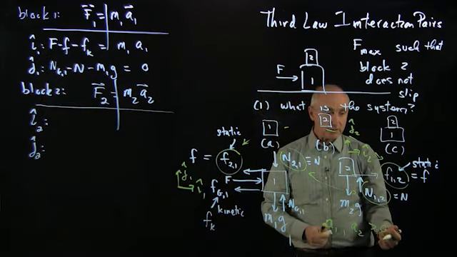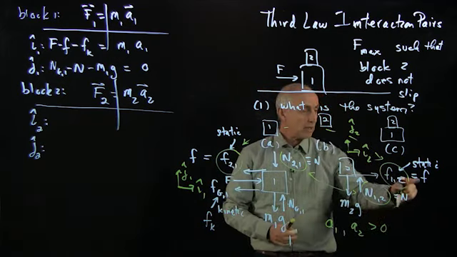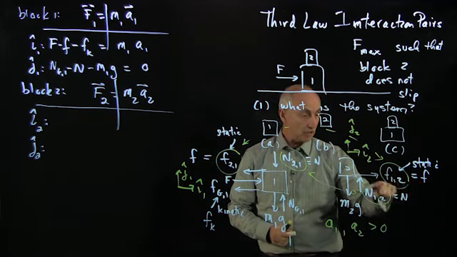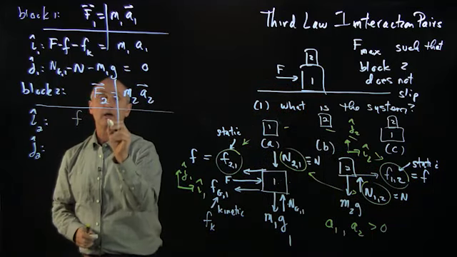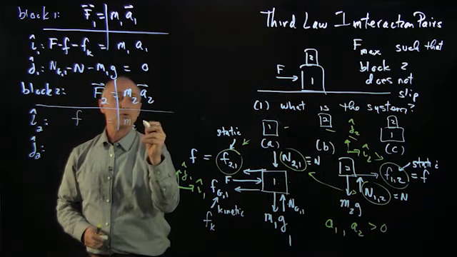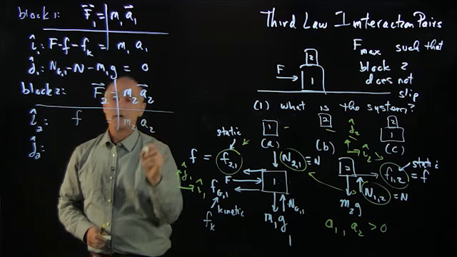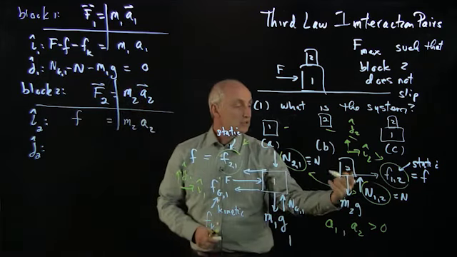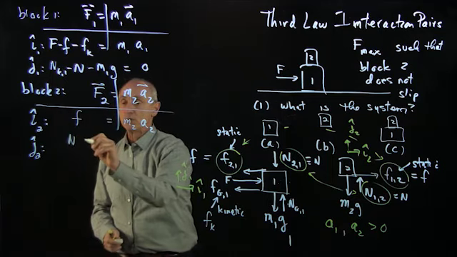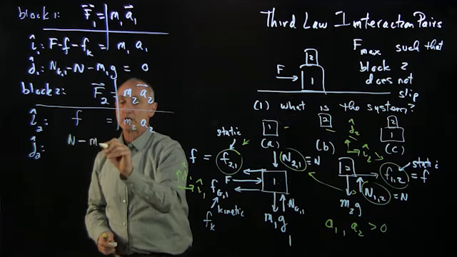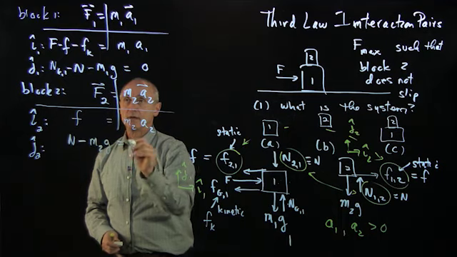Now, I look at my free body diagrams on block 2. I see that static friction is the only force in the positive i hat direction. So I have the static friction equals M2 A2. And in the vertical direction, I have that the normal force between the blocks minus gravity is 0.